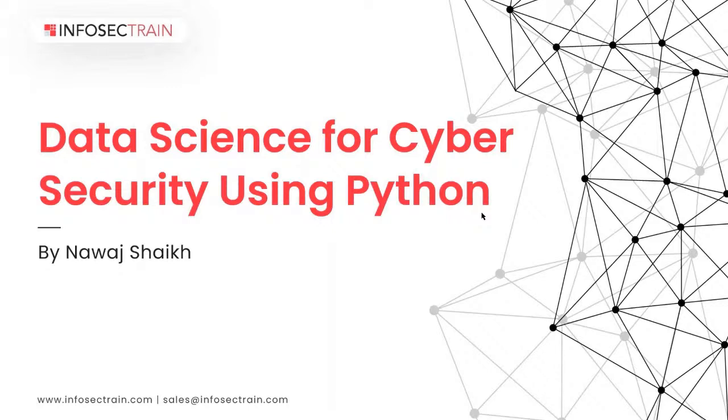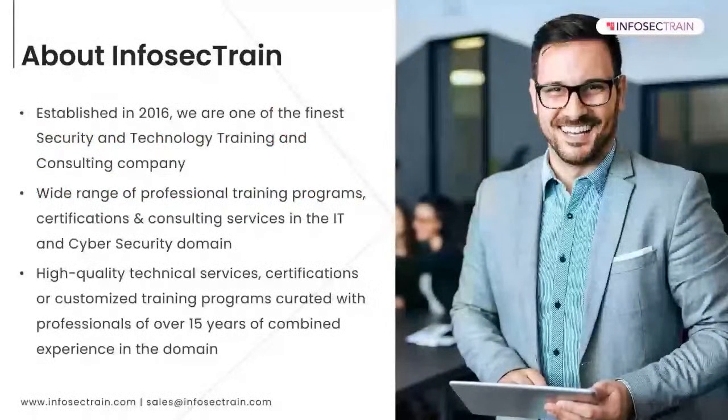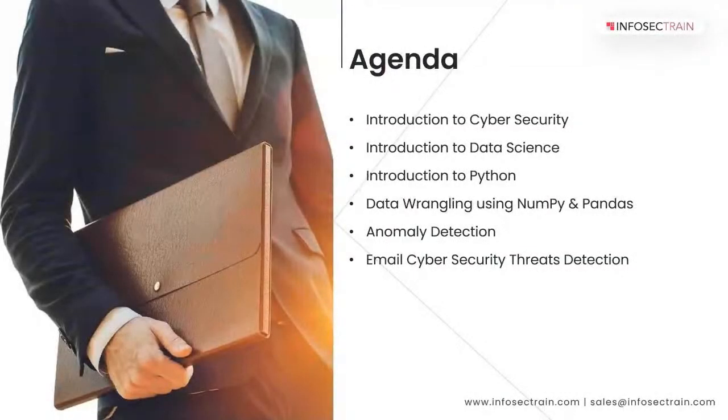So yesterday we saw what is cybersecurity and why to learn cybersecurity. Then what is data science, its scope, and why to learn data science in cybersecurity. What is cybersecurity data science? And we also saw the basics of Python, how to install Python.